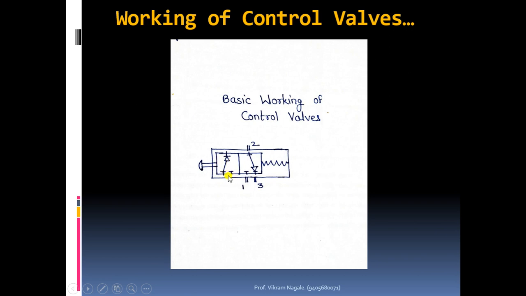Okay, but that connection is there in the left side block. This is port 1 and this is port 2, so port 1 is connected to port 2. Whenever this left side block is coming in front of these ports after pressing the push button, the air which is coming from the air service unit, which is connected over here to port 1, will send the air to port 2, because after pushing, the ports in the left side block will coincide with the outer ports.